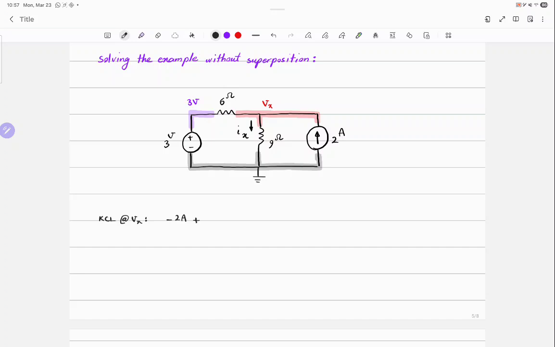Can you tell me what that is without using Ix? 9 over 3 volts, so 3 amps. 9 over Vx. Use the red box. Do you remember the red box? Can someone tell me what it was?